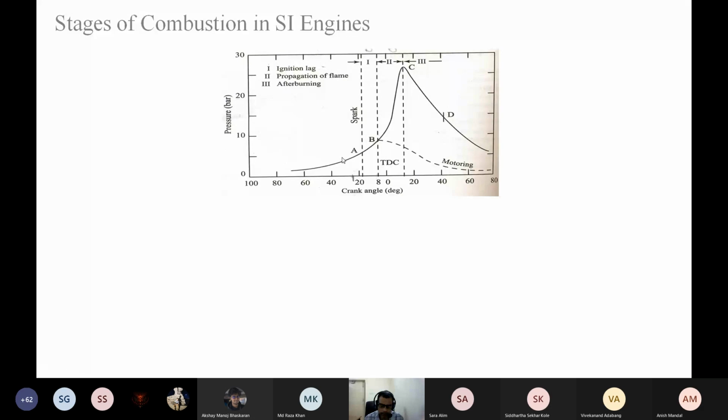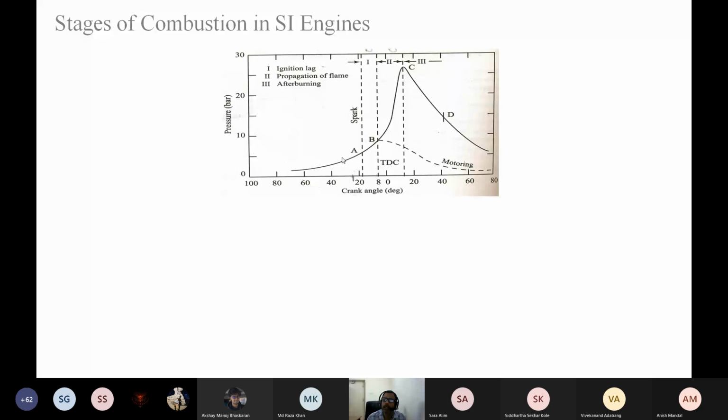Motoring means your engine shaft is rotating, however there is no combustion taking place inside the combustion chamber. So if there is no combustion and our engine shaft is rotating, how will it happen?